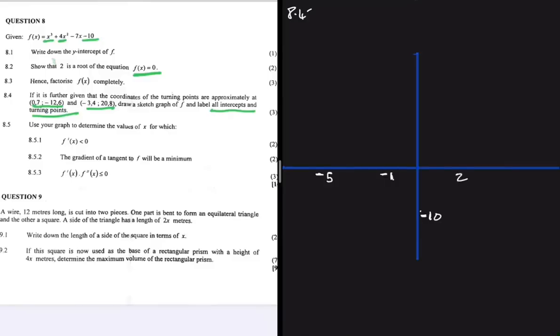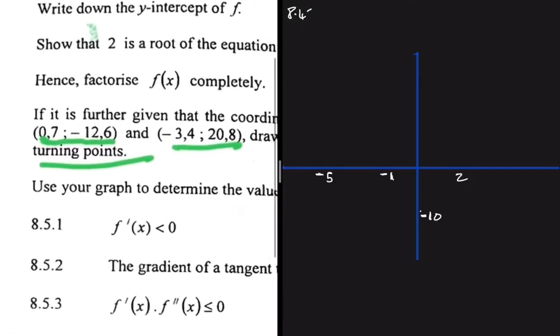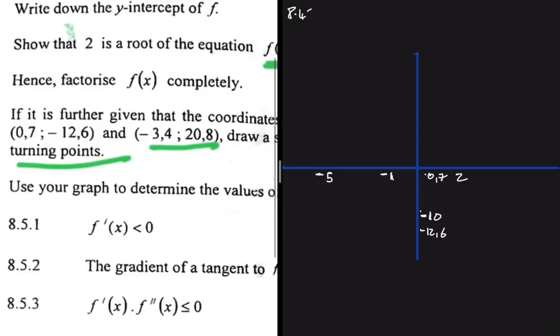Now we need the turning points. We have this first one here, which says 0.7 and minus 12.6. So let's have minus 12.6 here, and then 0.7. We can put it somewhere here. That makes sense. And then minus 3.4 is supposed to be between minus 5 and minus 1.